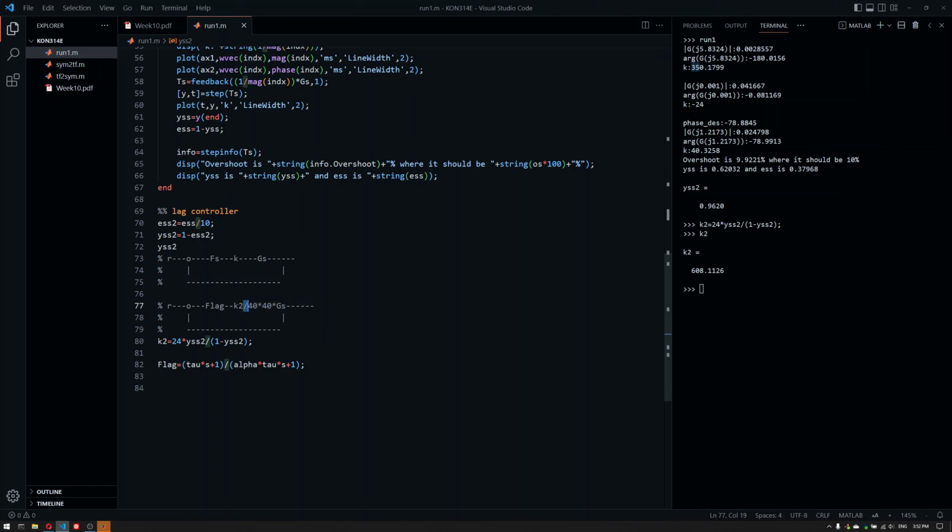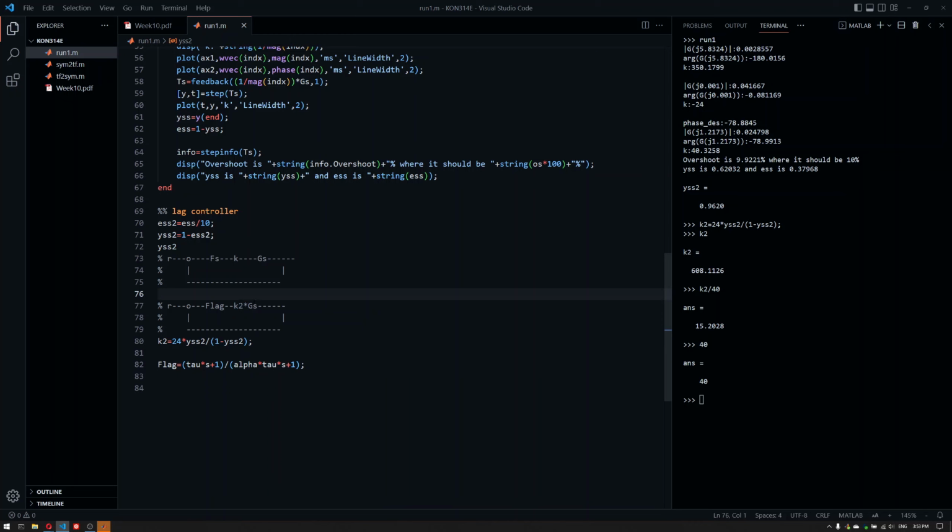So basically I'm just skipping that part and I say that, okay, now I have included everything into K2. The gain of the system should be K2. We need a higher gain than 40. Basically what I'm trying to say is K2 divided by 40 will be the gain of the lag controller, whereas the p-type controller is 40. So their multiplication is still K2.